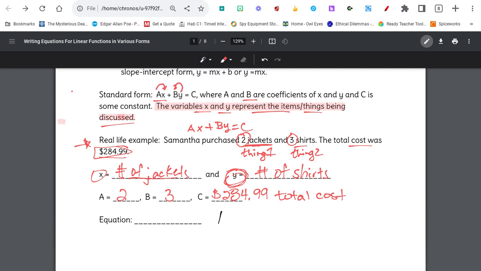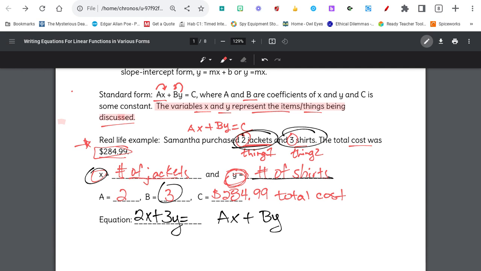So when I get ready to write my equation, it's fairly simple. You just put your A, which is 2, because it's 2 jackets, and jackets is X. So I'm going to put 2X. And then plus BY. Well, B is 3, and Y is the number of shirts. You just plus 3Y. 2 jackets plus 3 shirts equal what?